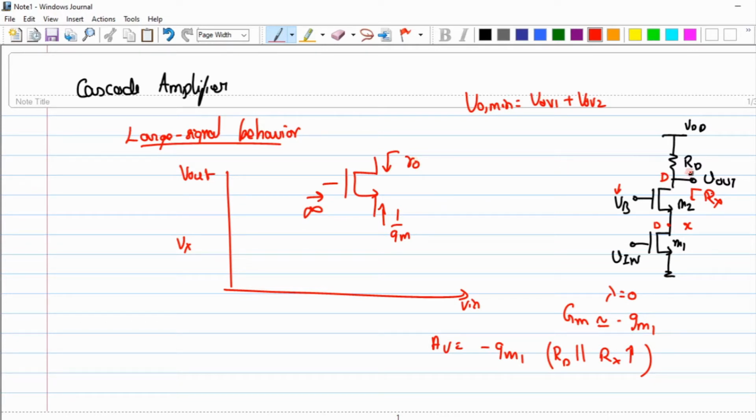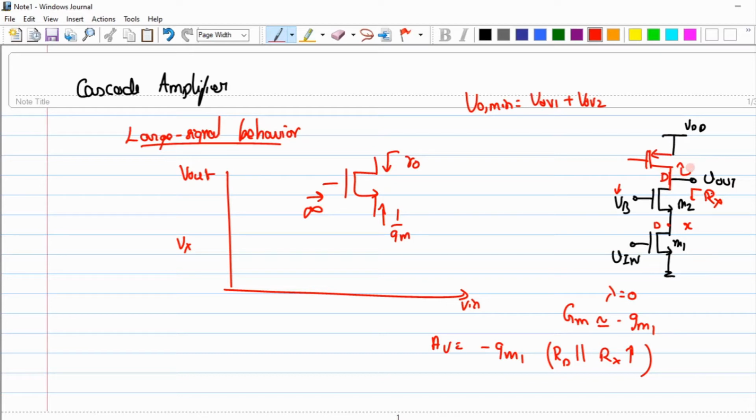So the whole point is, if I could replace this resistance with this device, will I get a high impedance? What is the value of resistance that I have when I look up? It is R naught, okay?